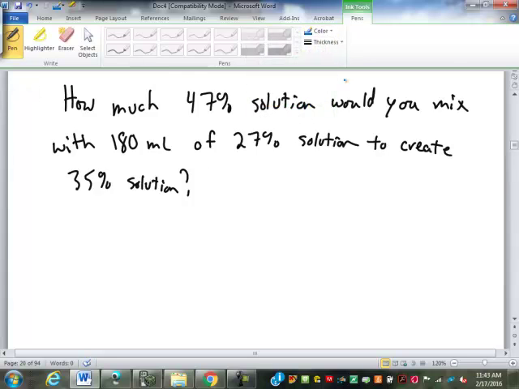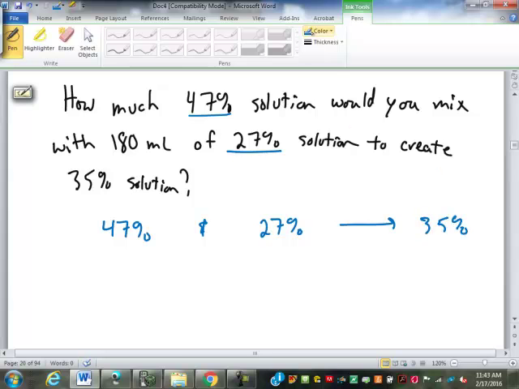So to walk through how we set this up, of course, first thing we have to do is identify our ingredients, the two items that are going into this mixture. We have the 47% and the 27%. Really does not matter which one we put first. So we're going to combine 47% and 27%, and we are trying to create 35% solution.